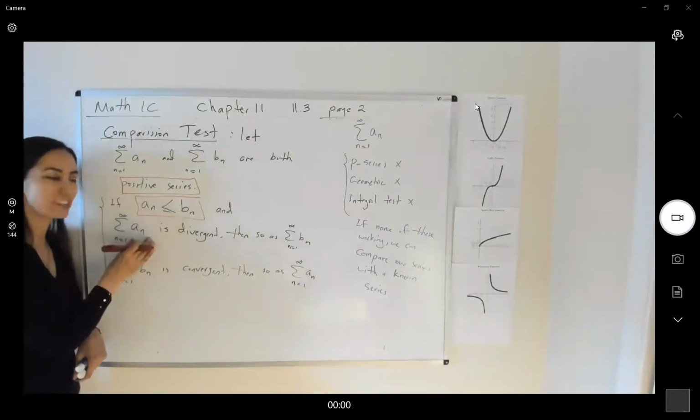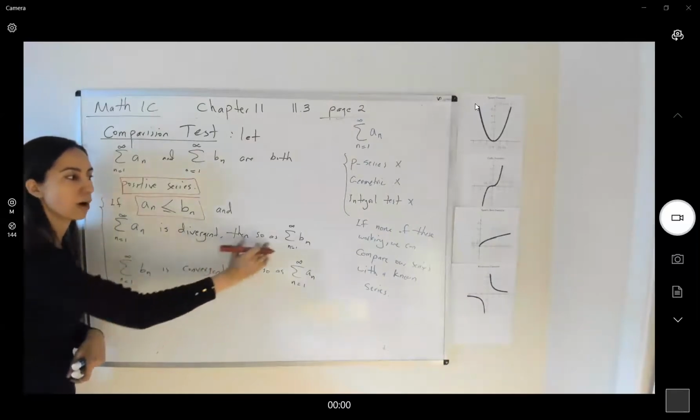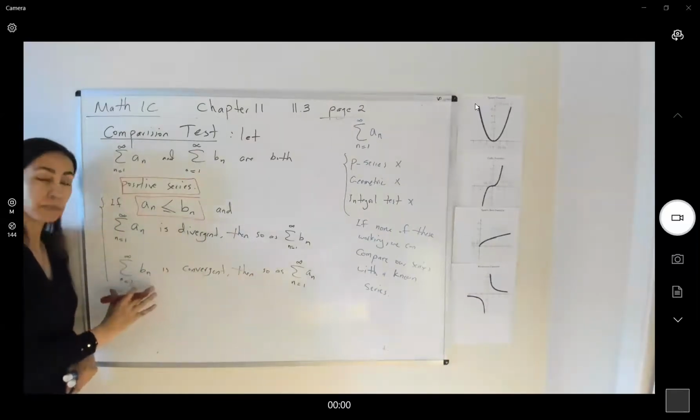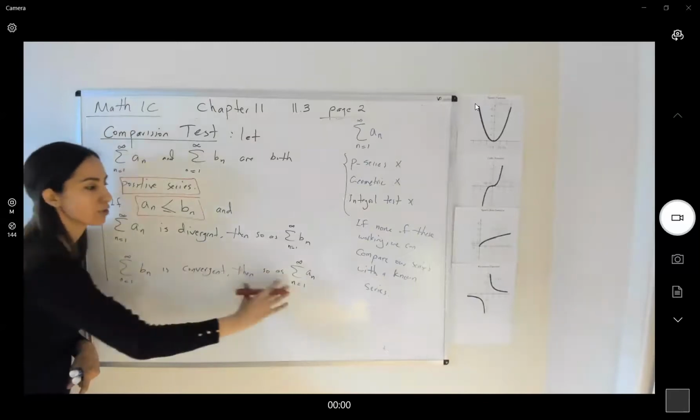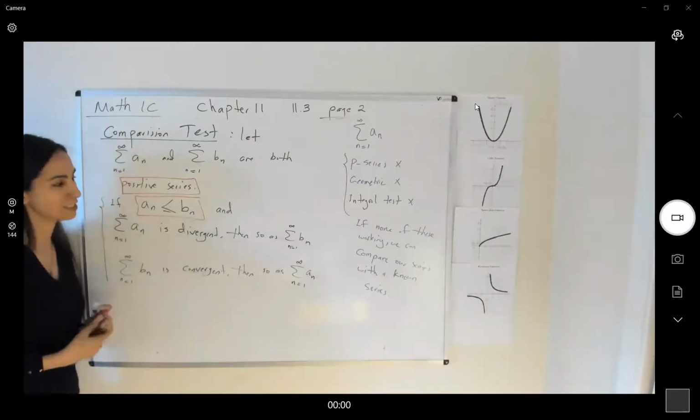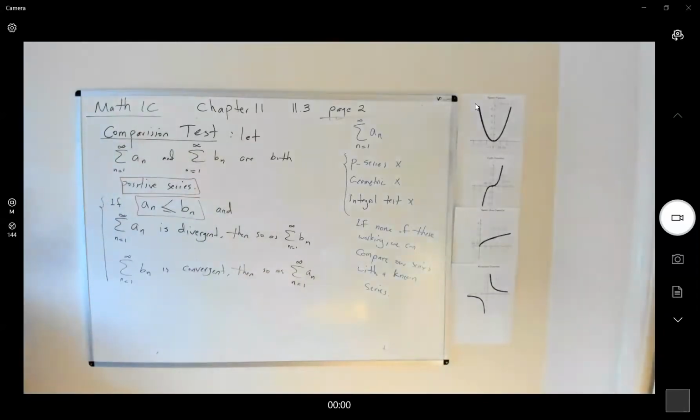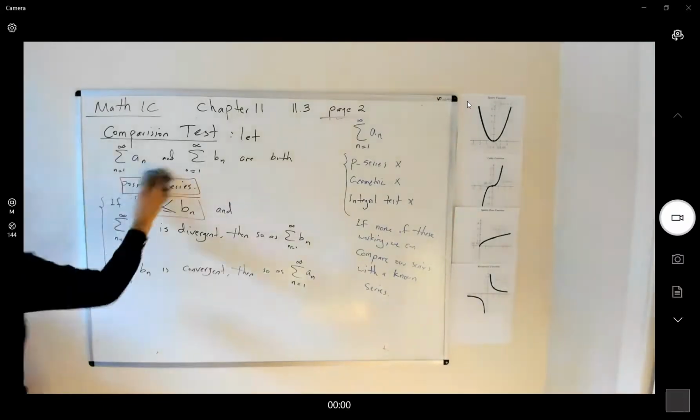If the smaller series is divergent, so is the bigger series. If the bigger series is convergent, so is your smaller series. Okay, let's see some examples here.